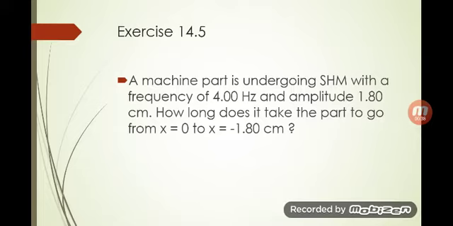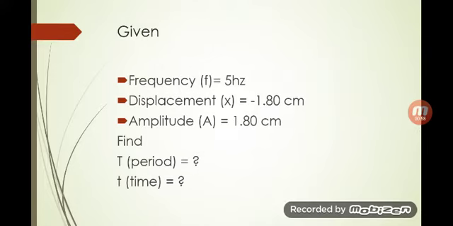A machine part is undergoing simple harmonic motion with a frequency of 4.0 Hz and an amplitude of 1.80 centimeters. How long does it take that part to go from x equals 0 to x equals negative 1.80 centimeters? First, let's find the given.